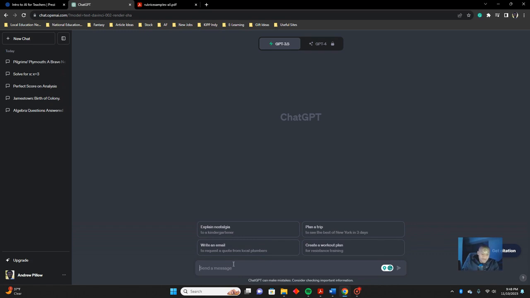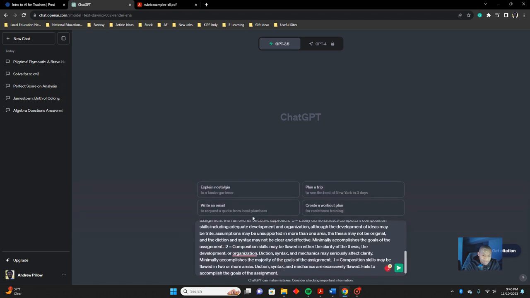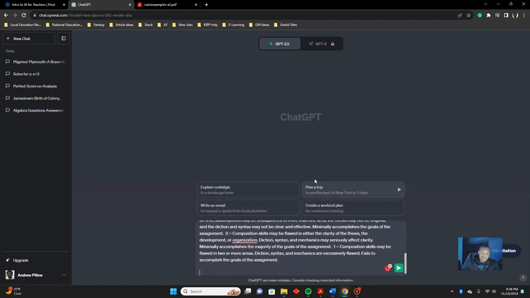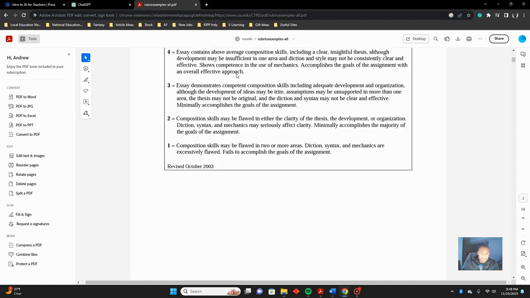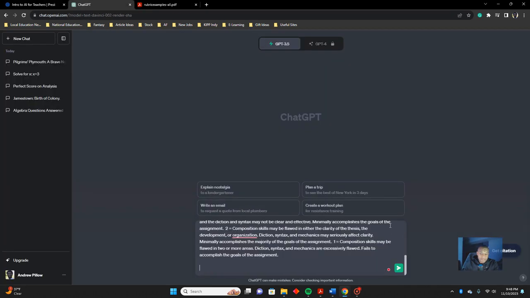Okay, so this is the best way I found to do it. Copy and paste the rubric in there first. And this is just a general rubric about essays that you would find. Okay. And then I'm going to copy and paste an essay in here that a student turned in. And I'm going to say, use the above rubric to grade the following essay.